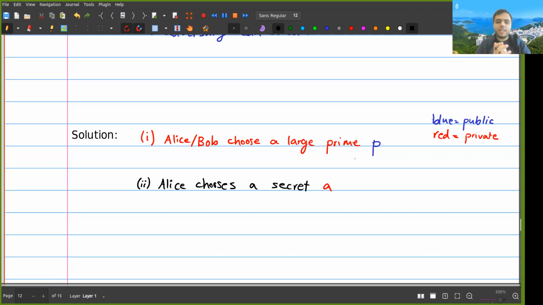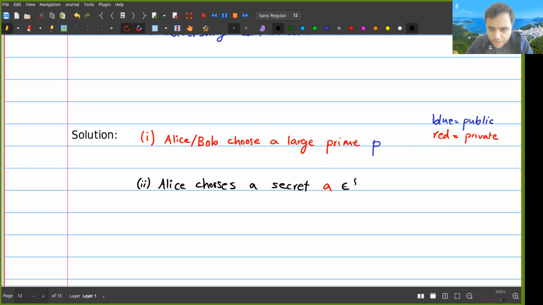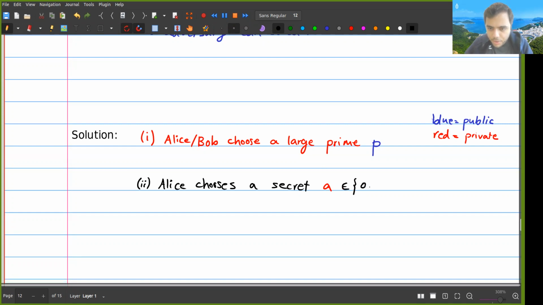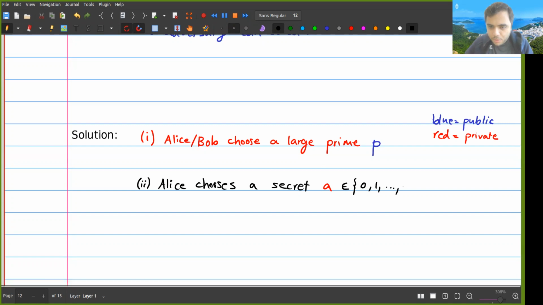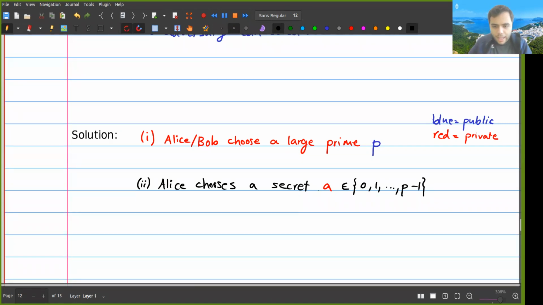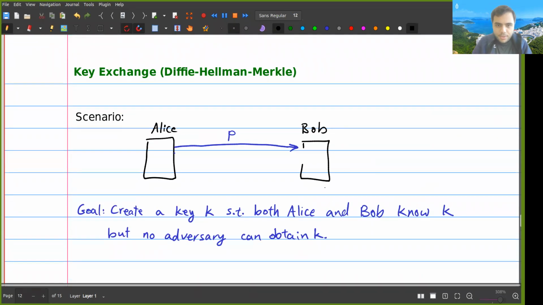So here, when I say that Alice chooses a secret, the secret that Alice chooses, A, is actually just a number between 0 and P minus 1. Okay? And this is a secret, so Alice is not going to announce this. So Alice will have A here.